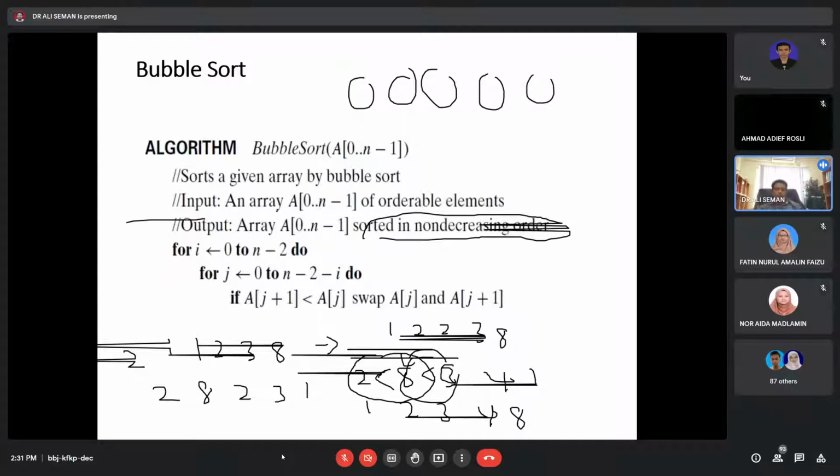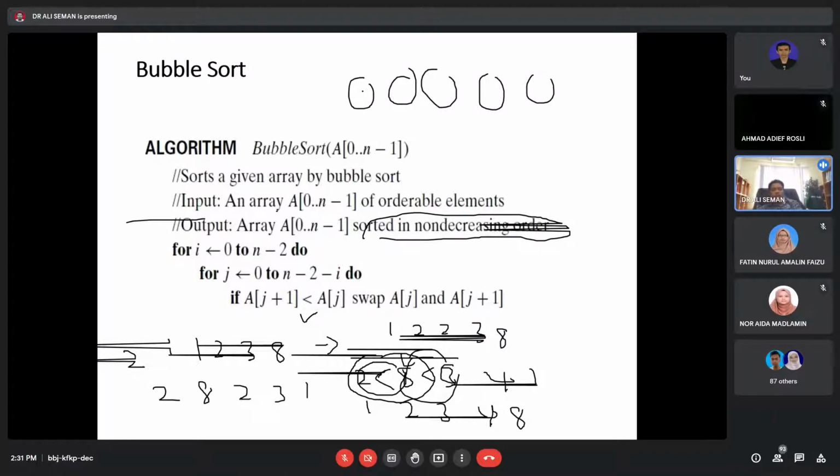So from the pseudocode here, basically we have i equal to 0, meaning start with index 0 to n minus 2, where n is the size. We have j equal to 0 to n minus 2 minus i. And if a[j+1] is less than a[j], when this is true, like what I mentioned just now, swap a[j] and a[j+1].